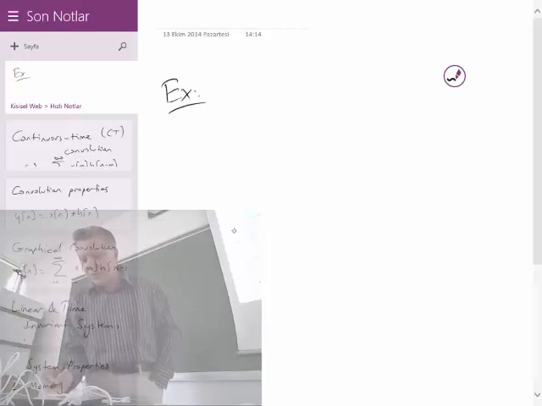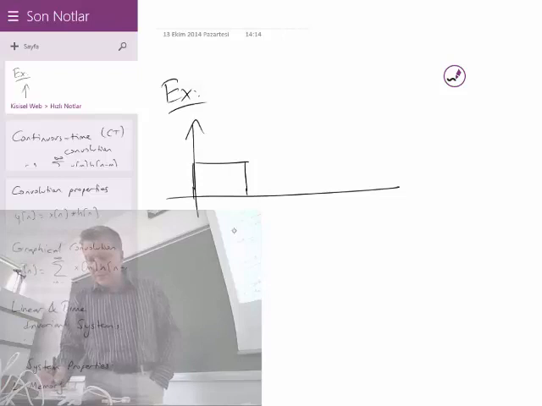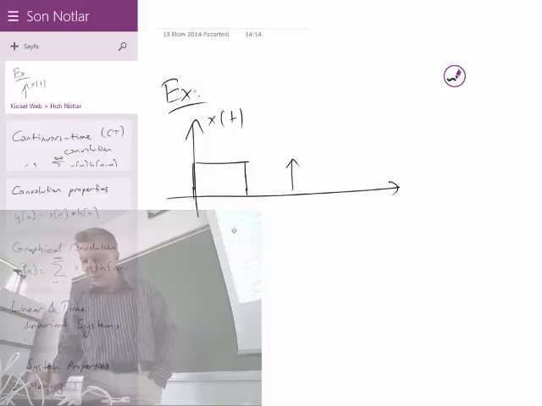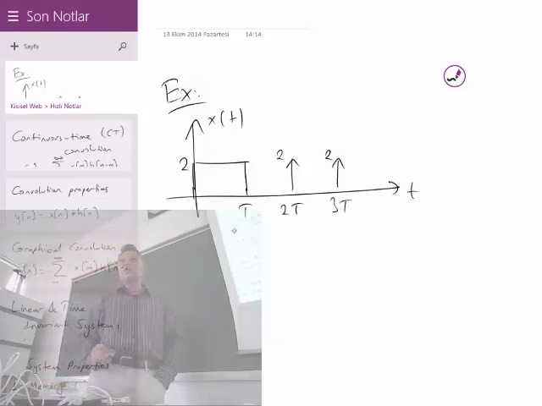How would you convolve, for example, this? Suppose this is x of t, and there are two impulses here. The peak value is 2, and the values of these impulses are also 2 and 2, let's assume. This is up to capital T, this is at 2 capital T, and this is at 3 capital T on the time axis. So this is your input.